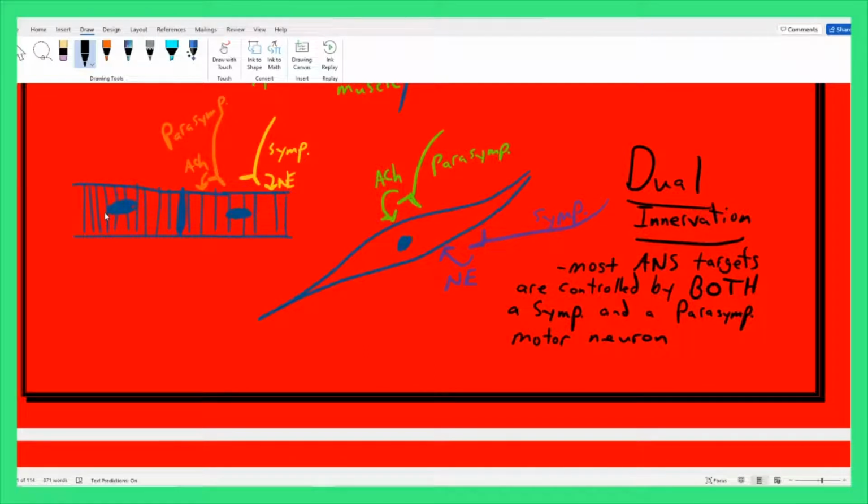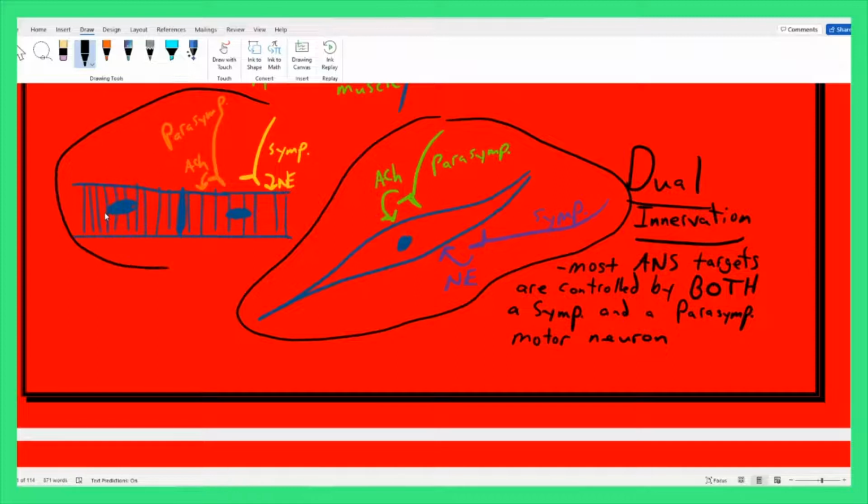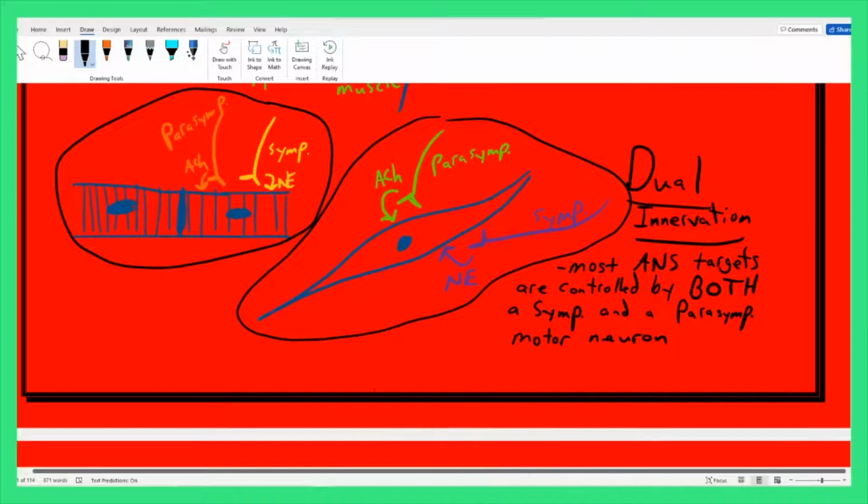Now I'm going to try to explain this a little bit while you contemplate these two pictures that I've drawn right here. This one and this one. Two typical ANS targets, right? Cardiac muscle on your left, smooth muscle on your right. Now, if we contemplate this, these are involuntary targets, right?